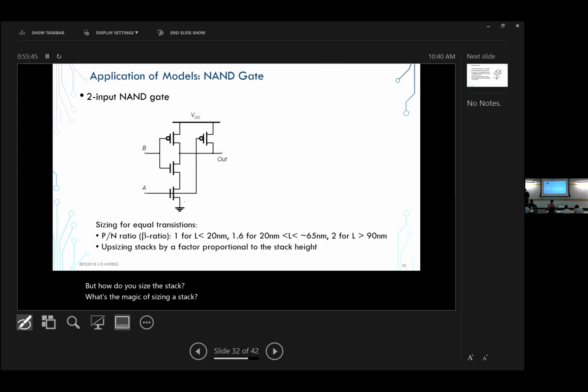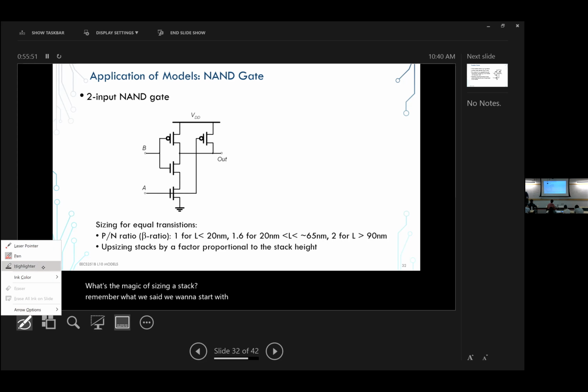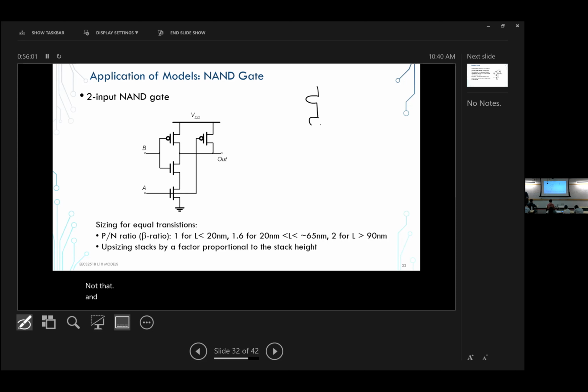So remember what we said. We want to start with something that's an inverter. And let's say it's a FinFET inverter, size 1-to-1. And I would like to make this NAND have the same equivalent resistance as an inverter. How would I do that?